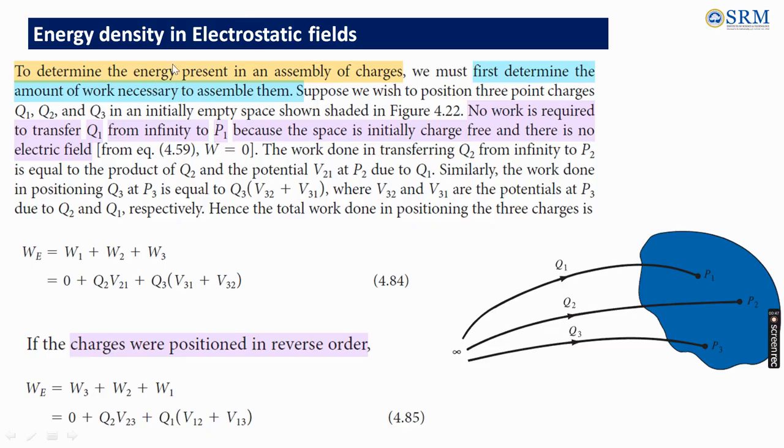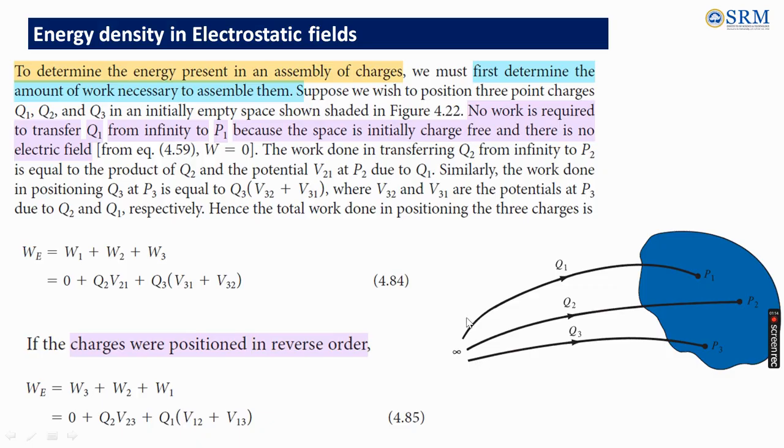To find the energy density, first we have to determine the energy present in the assembly of charges, how much energy is present. For that, first we have to compute the amount of work done necessary to assemble these charges. So suppose we are considering three charges Q1, Q2, Q3, and we are going to position them in the empty space.